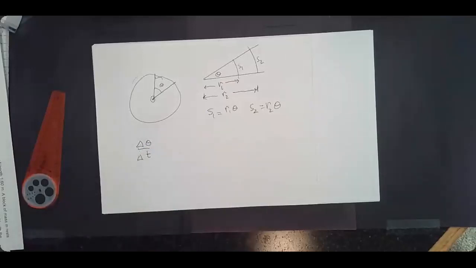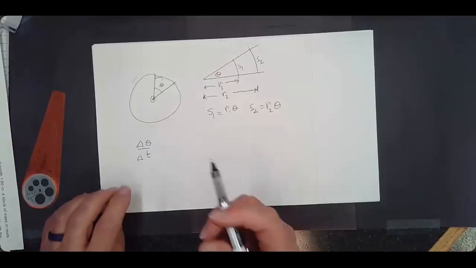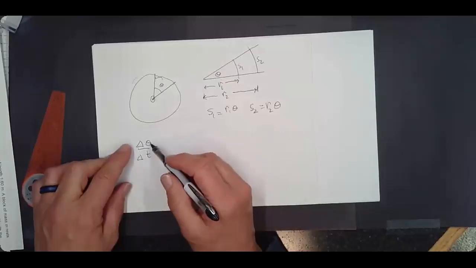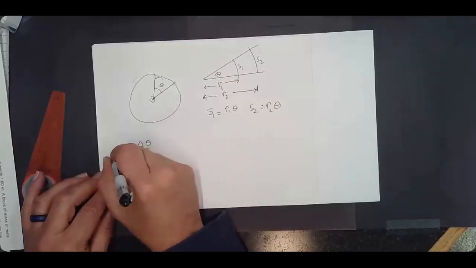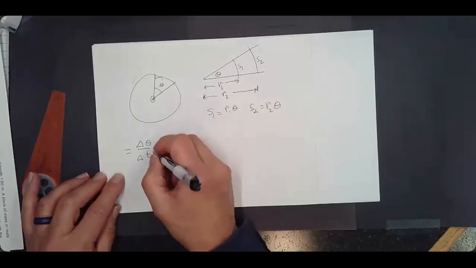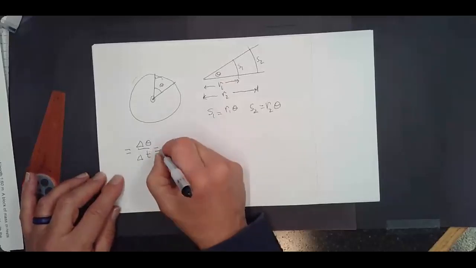They introduced this way back when we were talking about centripetal acceleration, at least in the textbook. Delta theta over delta t is going to be the average. Actually, I'll write it on here.